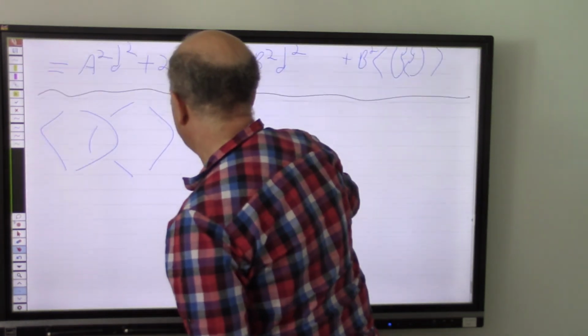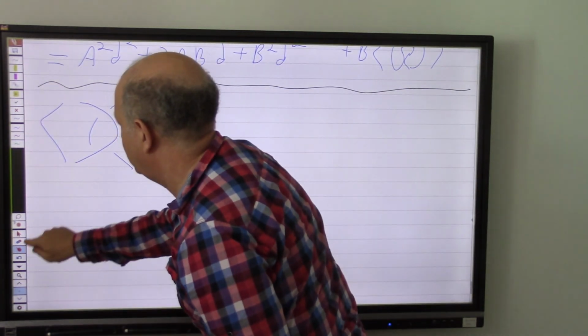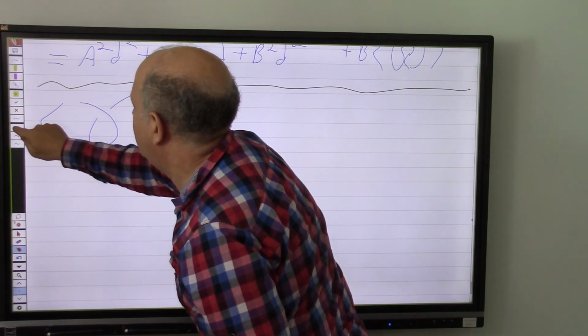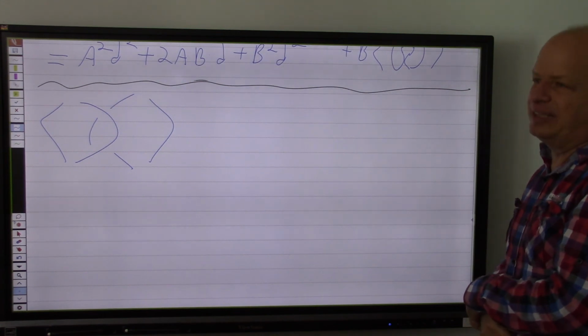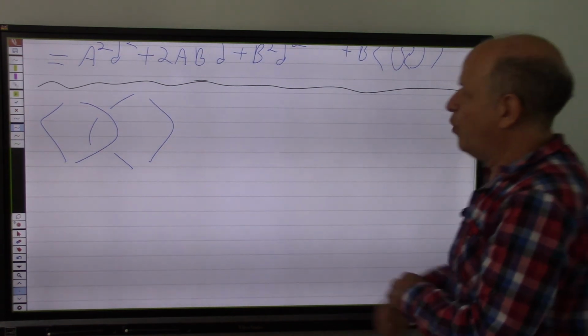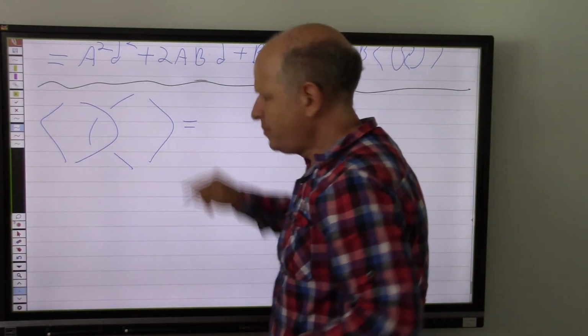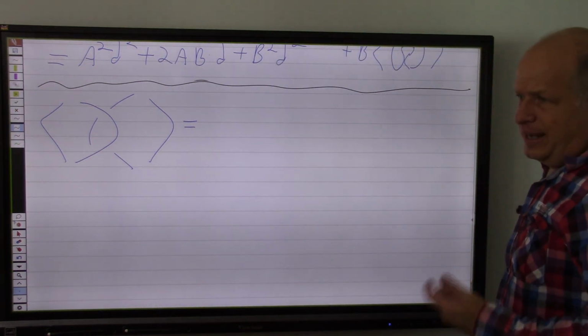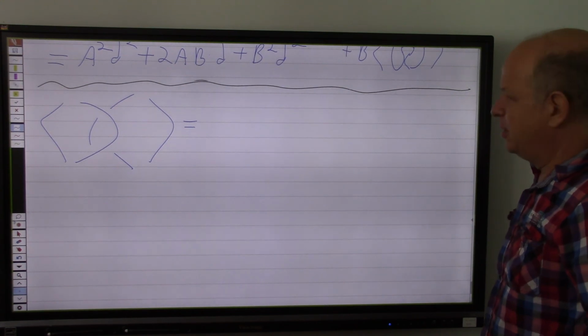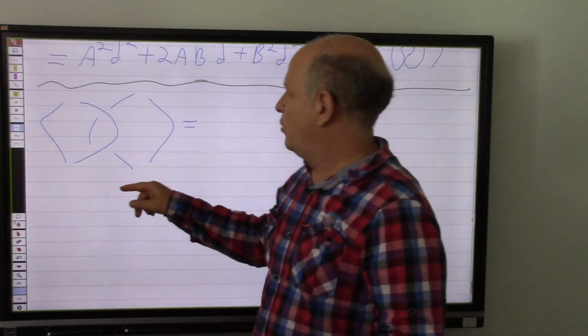So let's compute the Kauffman bracket of the left-hand side of a Reidemeister 2 move. What do we get? So again, I have 4 possibilities. Let's write all of them.